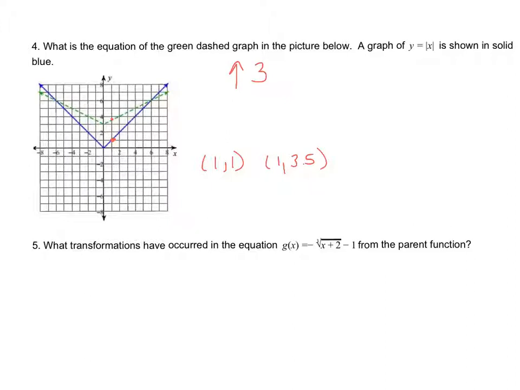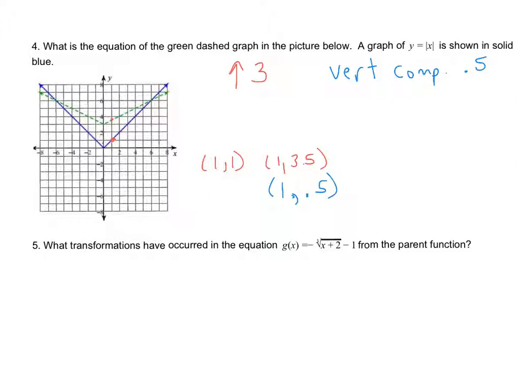So if we didn't have a shift, it would really be (1, 0.5). So the vertical dilation, in this case a vertical compression, is by 0.5. It's basically shrunk down by half. If I move that green line down, you'd see it would be basically half the size of the other one.